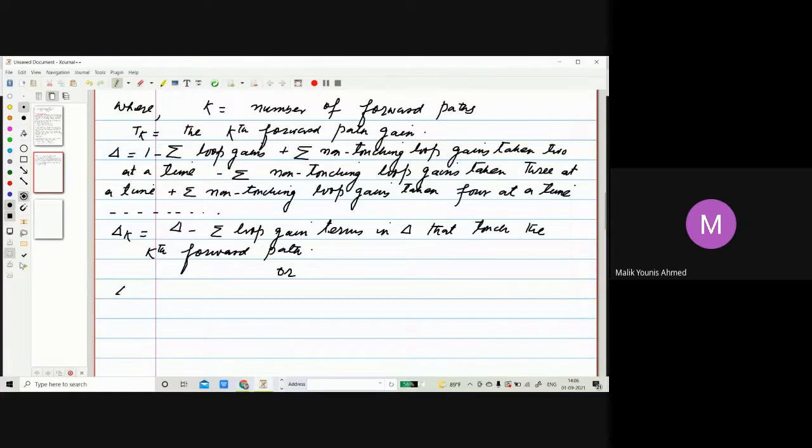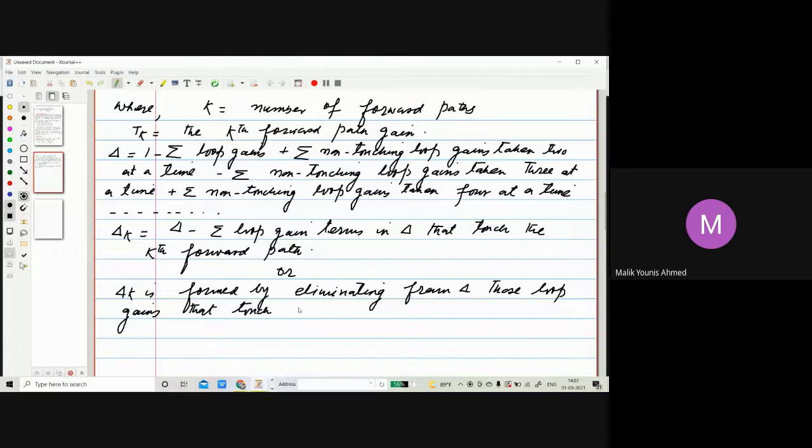Delta k is formed by eliminating from delta, that means we have to subtract from delta, those loop gains that are touching the kth forward path.